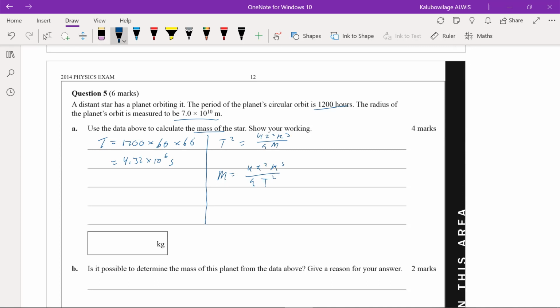And then we just plug everything in: 4 times pi squared times the orbit radius, 7.0 times 10 cubed, over G times T squared, which gives us 1.1 times 10 to the power 31 kilograms.